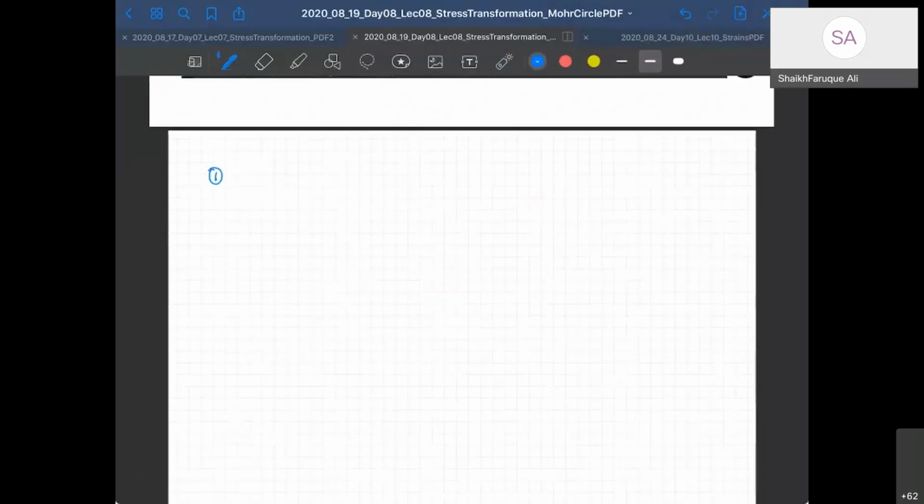was theta, the angle, anti-clockwise let's say, represents theta in the transformation.